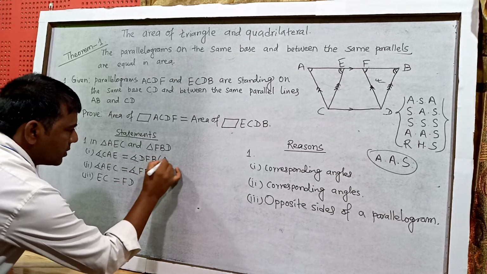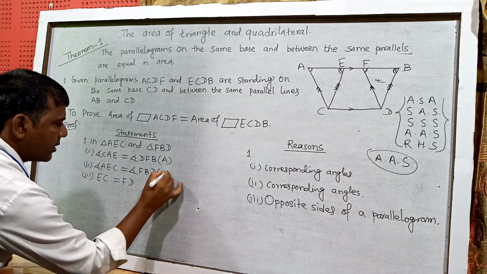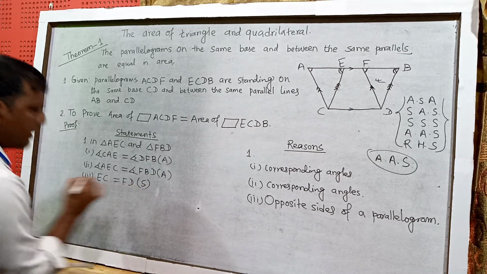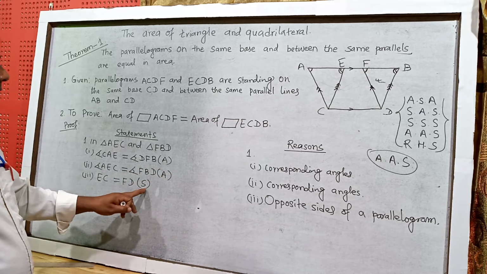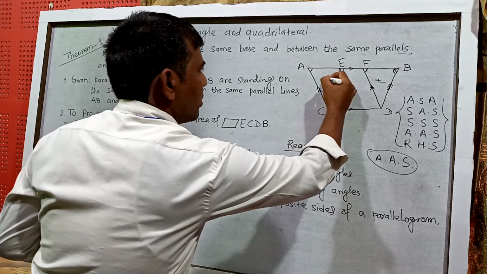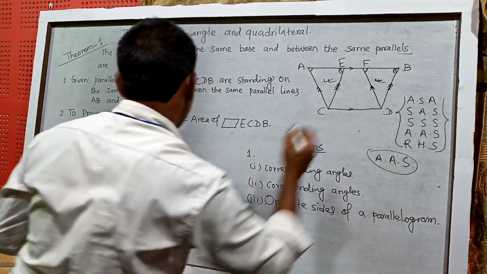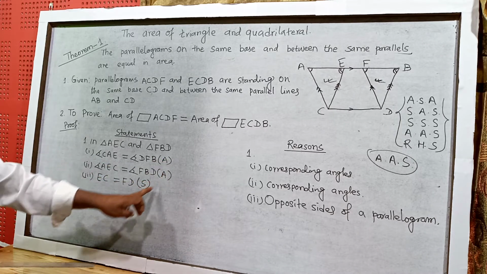Look, at first the angles are equal, second the angles are equal, and third the sides are equal. So by the axiom angle side, these two triangles are congruent. We have shown these two triangles congruent by the angle side axiom.